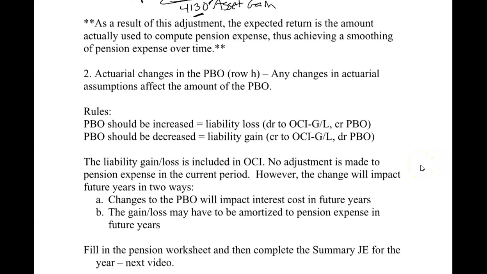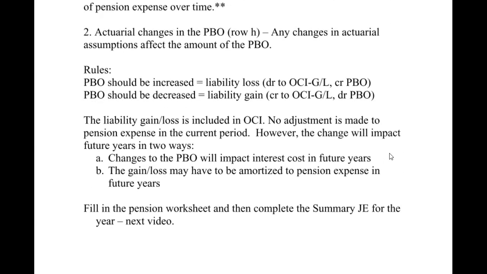The second type of actual change is on the liability side, and I call these liability gains and losses. It deals with the PBO. Asset gains or losses deal with return from the plan assets, the asset side of things. Liability gains and losses deal with the obligation, the PBO. Any changes in actuarial assumptions can affect the PBO, which is our future obligation.